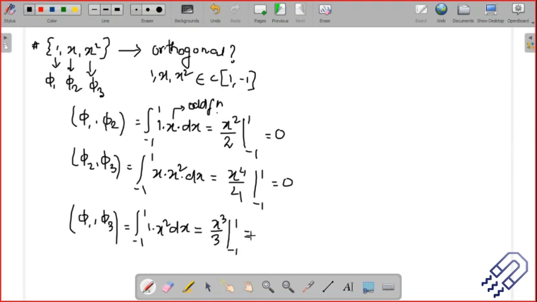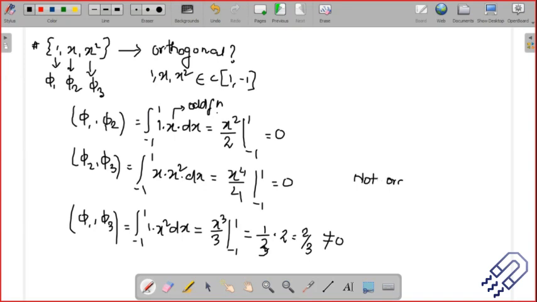If we do it right, basically 1 by 3 here, and this is 1, and then minus of 1, so it will be 3 side. This is 2, so this is 2 by 3, right? This is 2 by 3. This is not 0. So that means we can say that this is not orthogonal.